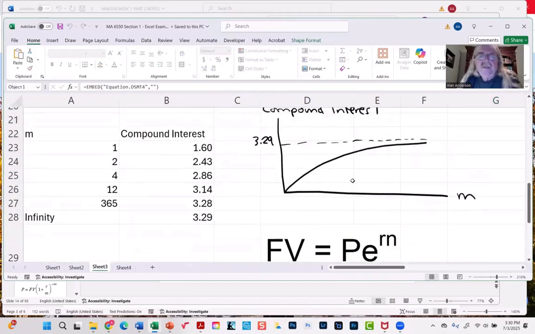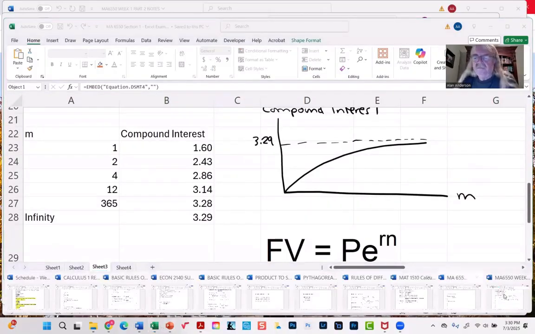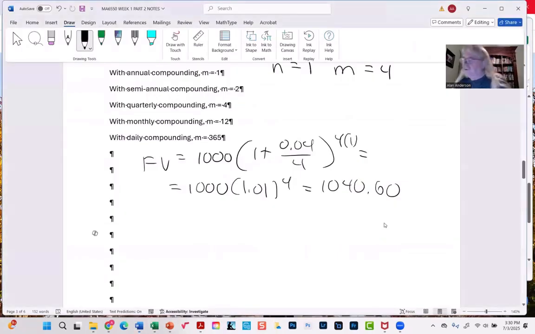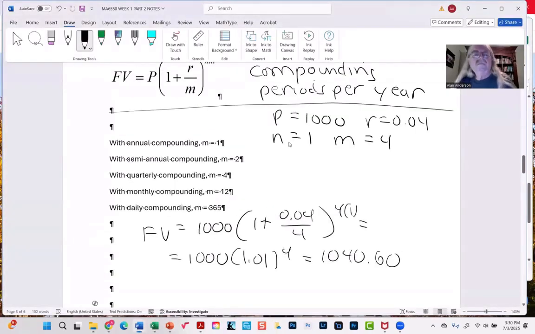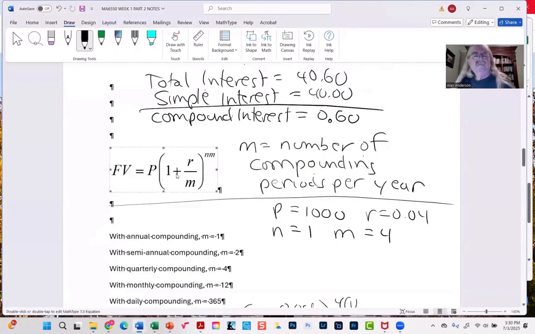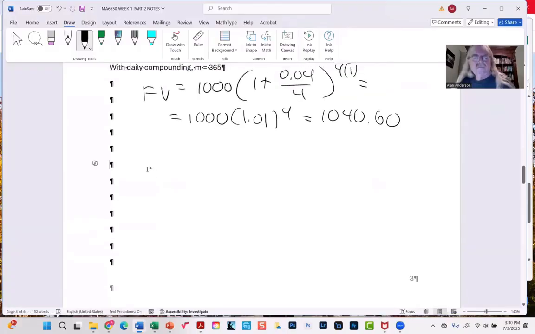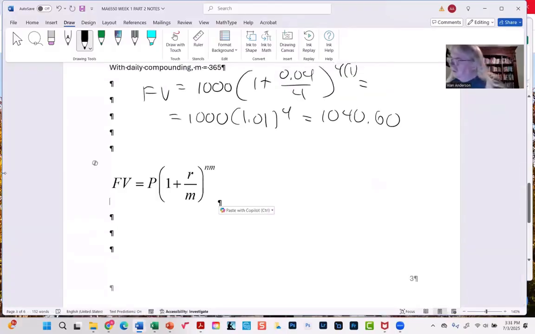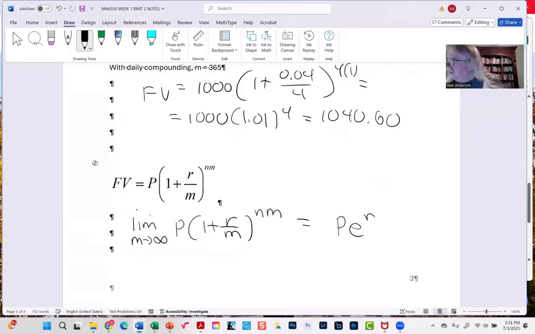let me copy this into the notes. So here's the formula again. Well, it turns out that this is equal to P e to the Rn.